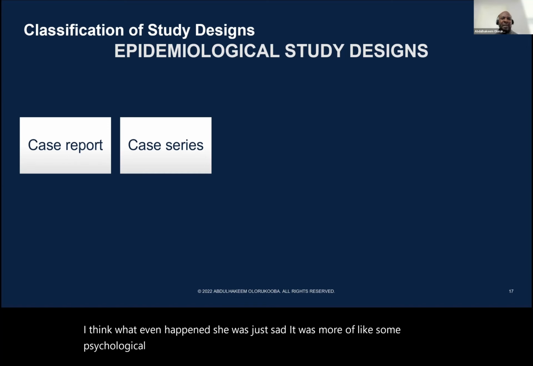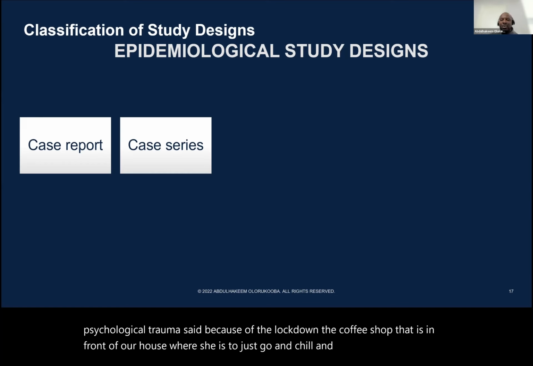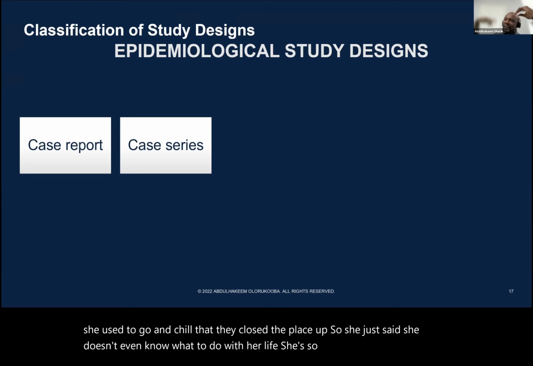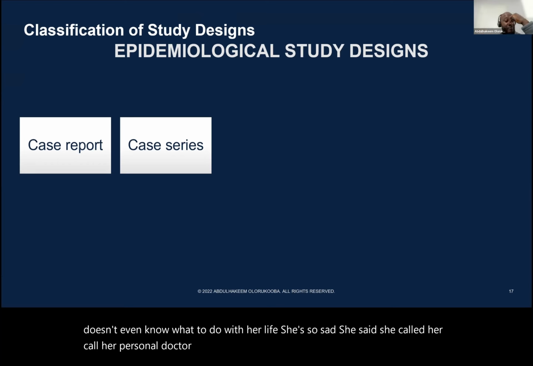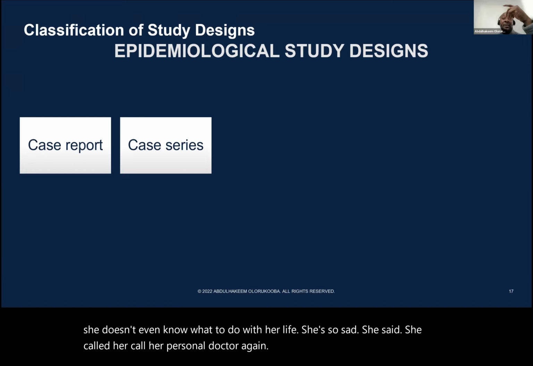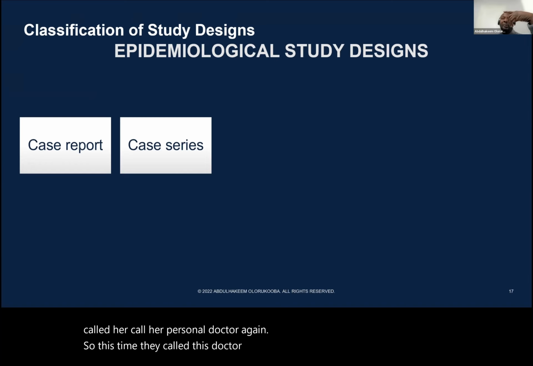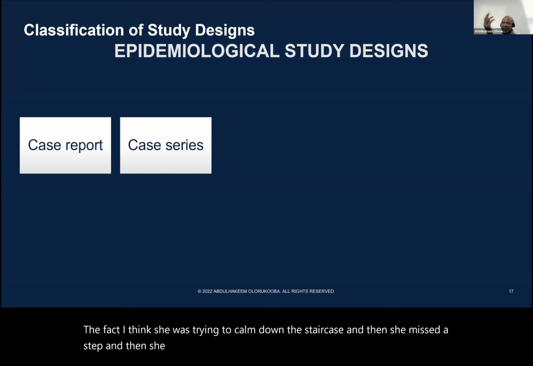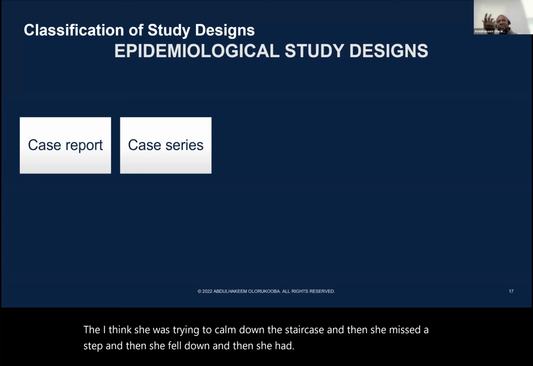Because of the lockdown, the coffee shop in front of her house, where she used to go and chill, had closed. So she was just sad and didn't know what to do with her life. She said they should call her personal doctor again. This time, I think she was coming down the staircase, missed a step and fell, and maybe had a fracture or a dislocation.